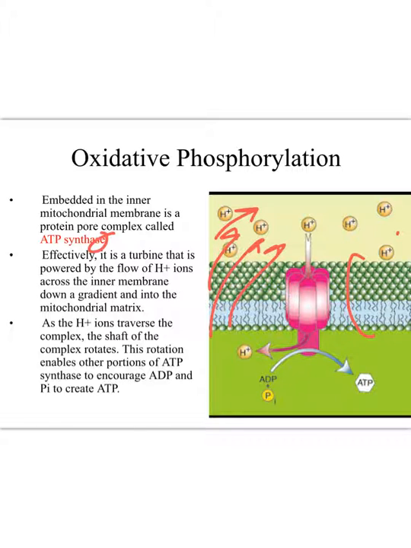You've built up this big gradient, and now the hydrogen is going to go through this ATP synthase. It's going to force this little turbine-like apparatus to basically turn, and it's going to mechanically compress adenosine diphosphate and an inorganic phosphate into the molecule we know as ATP. So now over here we have energy storage, and that energy is going to be available to cells to perform their normal work, again, be it movement, transmission of impulses, growth, or whatever.